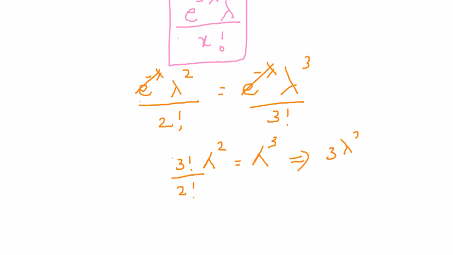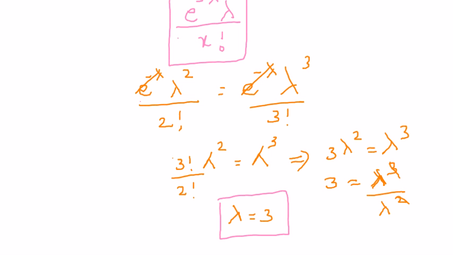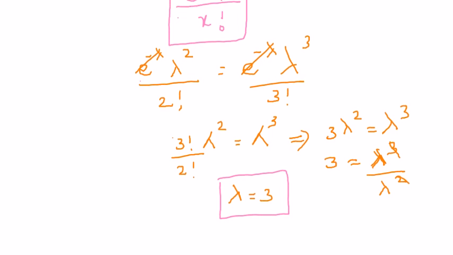So 3 lambda squared equal to lambda cube. So 3 is equal to lambda cube by lambda squared. So the square gets cancelled with the power 3 here, you get only lambda power 1. So lambda is equal to 3. So that is what we have found out. Now we know lambda is equal to 3.